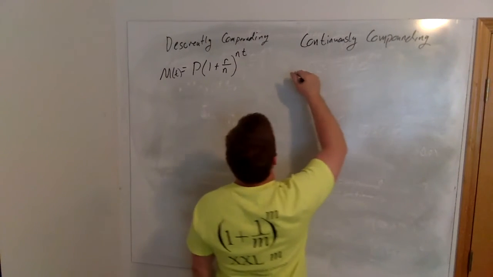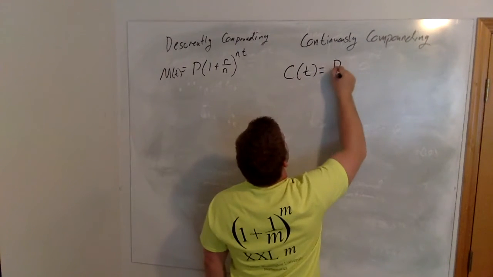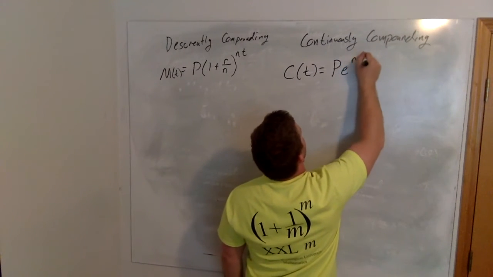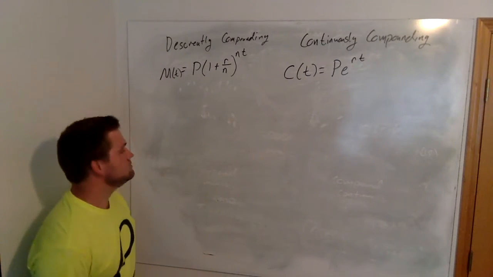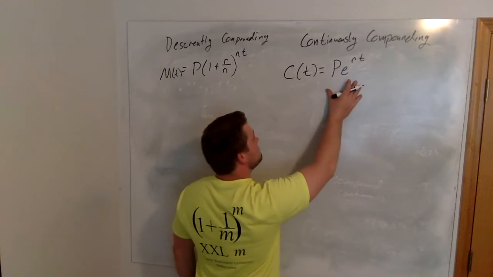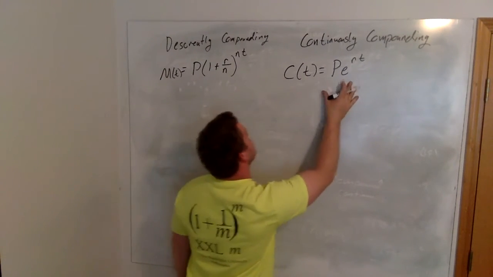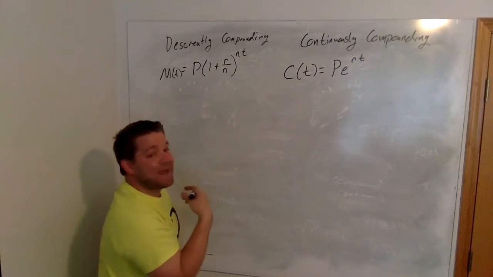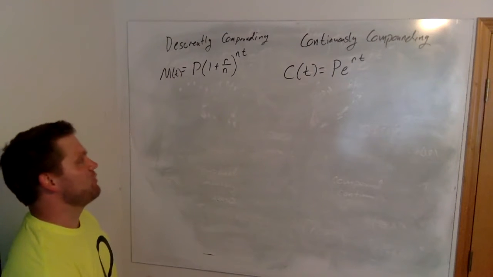We figured out the formula was P times e to the rt, or I remember this just as the word PERT. Notice there's no n in this formula. Why? Remember how we derived it: we took the discrete formula and let n go to infinity. So there should be no n in the continuously compounding formula.